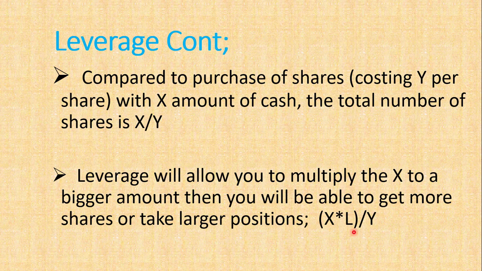The leverage increases the amount of capital you have, and once you divide that by Y, this clearly shows you can buy more shares or take larger positions than in a case whereby you don't have leverage. So that's the multiplier effect brought about by leverage.